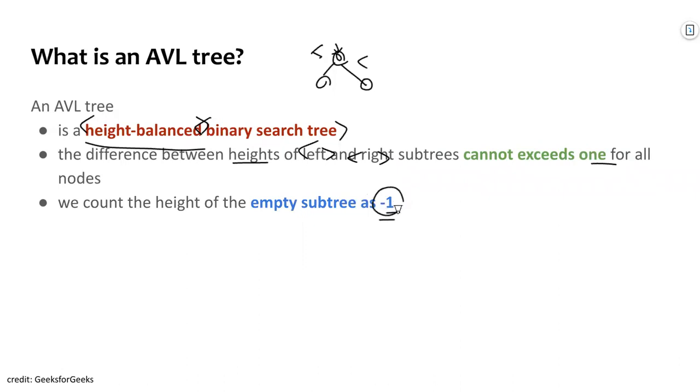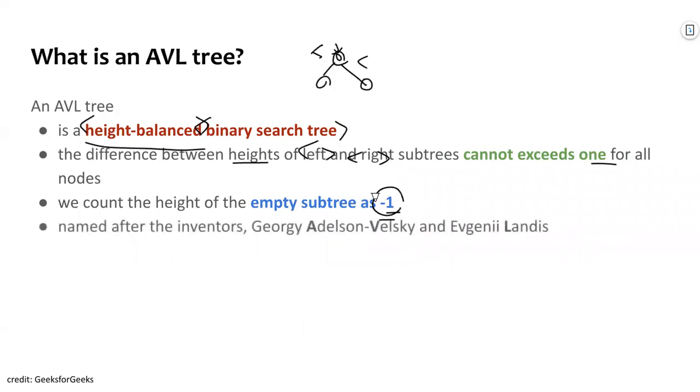While we are defining the height of the empty subtree as -1, it will be clearer when we implement AVL tree. And this AVL tree is named after the inventors George Adelson-Velsky and Evgeny Landis, AVL.